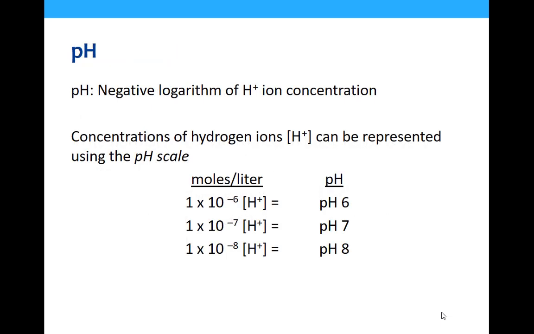If you look here at how pH is related to H plus ion concentration, 10 raised to power minus 6 H plus concentration will be pH 6. So it's the negative logarithm of the H plus concentration, because this is 10 raised to power minus 6. That is pH.